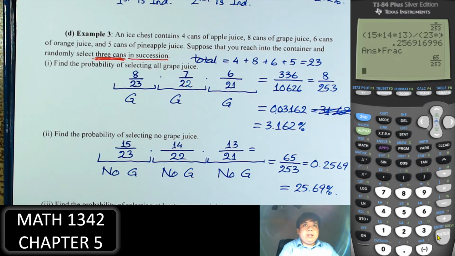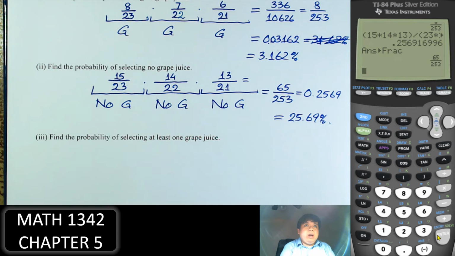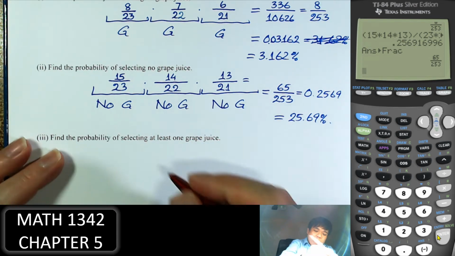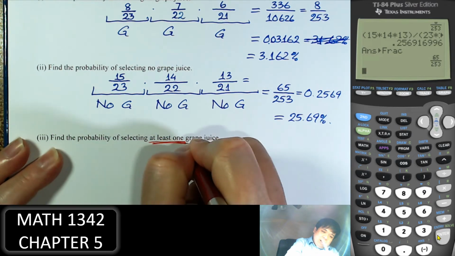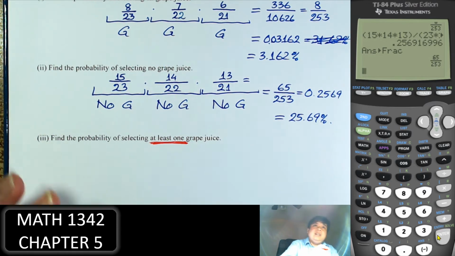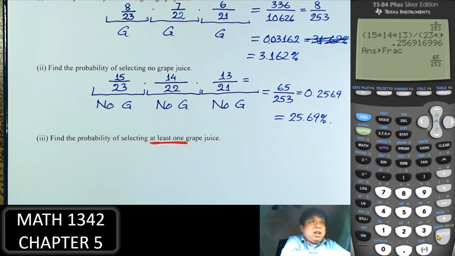Right. Next, find the probability of select at least one grape juice. Now, similar to the previous section when we have at least one, that can be difficult. If it's at least one, we select 3 cans, right? So it could be 1, could be 2, could be 3 of them grape juice. So that's more scenarios than we want to.